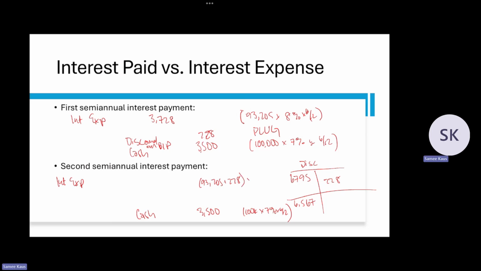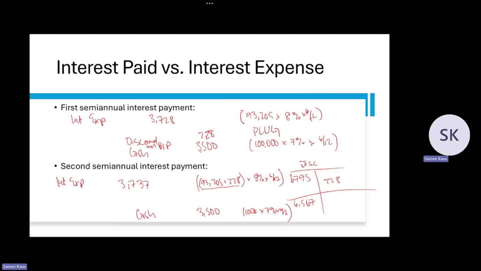And now I'm multiplying that by 8%, 6/12. So now I have interest expense of 3,733.7. Notice that that interest expense is going up because my interest is based off of my carrying value, and my carrying value is creeping up closer to the face value of 100,000 every single time I do this.